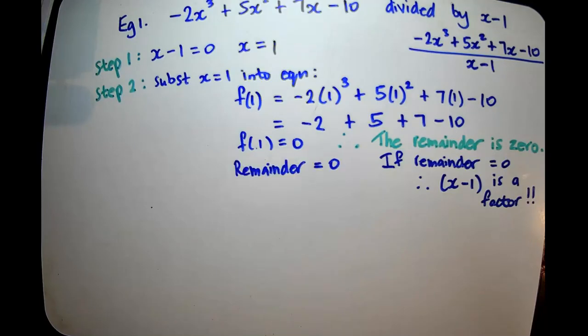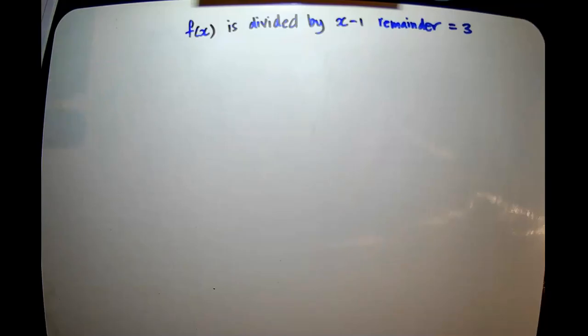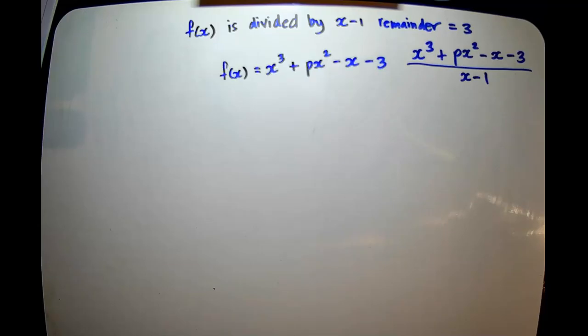In the next example, we're looking at f of x divided by x minus 1. The remainder is equal to 3. So f of x is this expression given, and it's going to be divided by x minus 1. First step is to take that denominator and solve for x and substitute that into the equation.